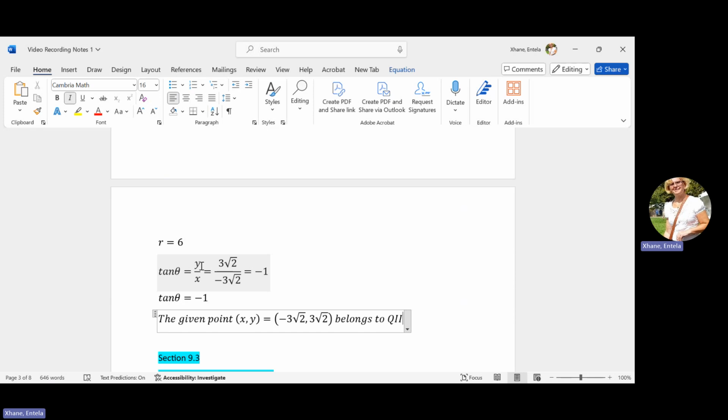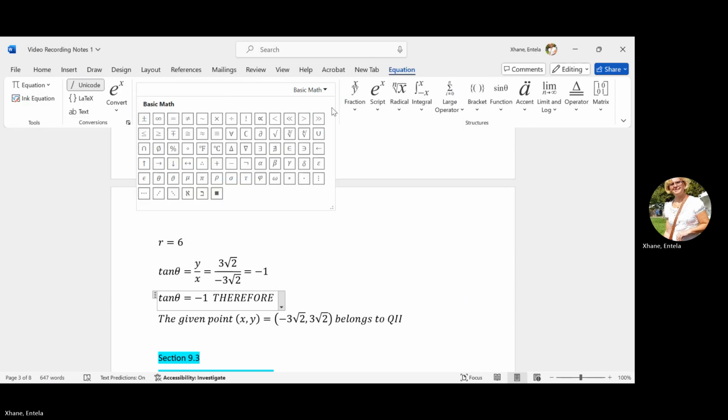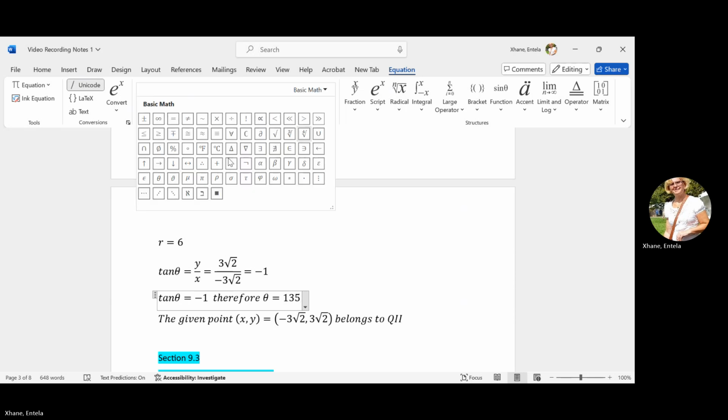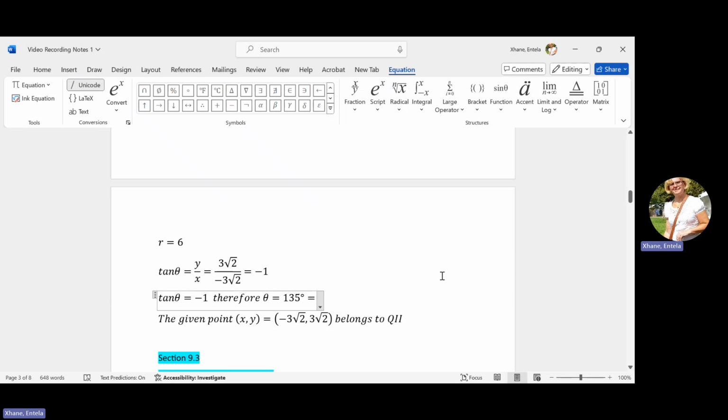And that particular angle is 135 degrees. Or a different way of writing 135 degrees is 3 pi over 4.